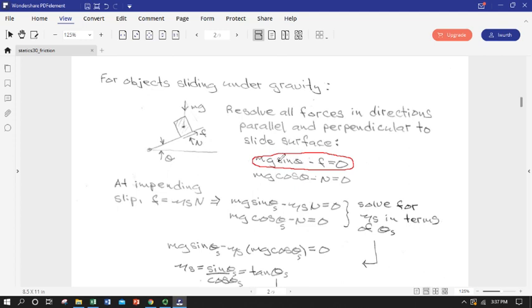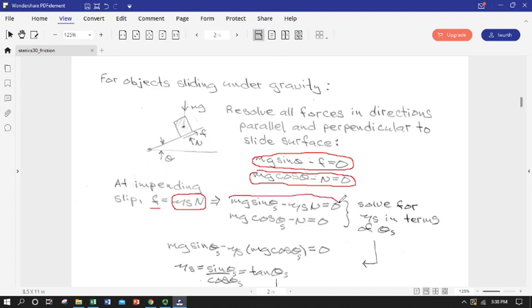Friction's parallel and being opposed by a portion of the weight, and then we've got the larger portion of the weight typically being opposed by the normal force. At impending slip, we can replace F by our nice mu sub s times N and get this.